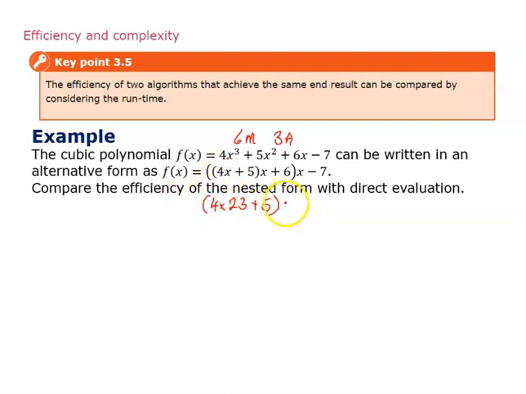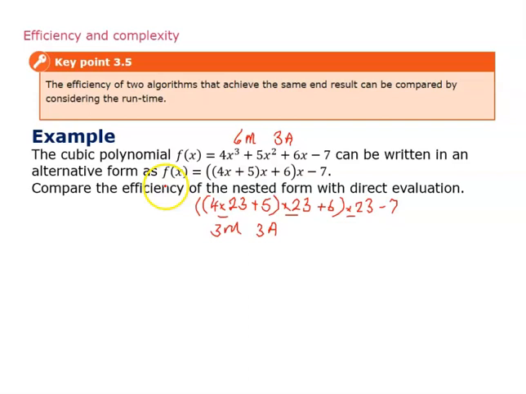And I'd times that by the 23, and I'd add a 6. And I'd times that by the 23 and take away a 7. So what's that got? It's got 1, 2. Now this has only got 3 multiplications and 3 additions, I think. 1, 2, 3 additions.